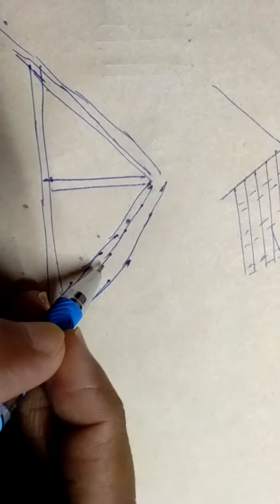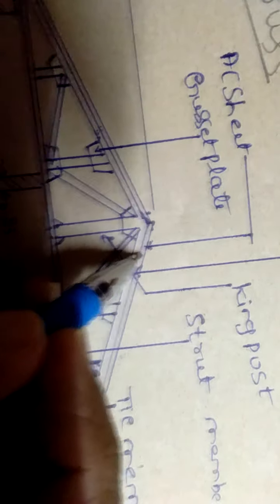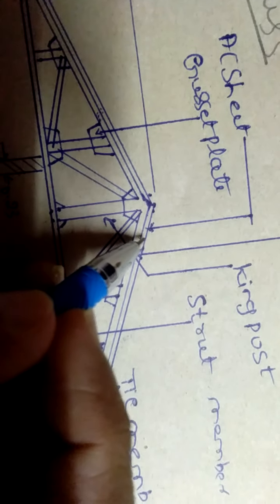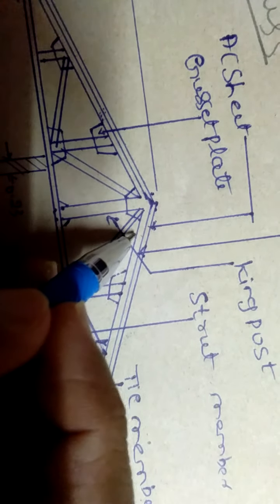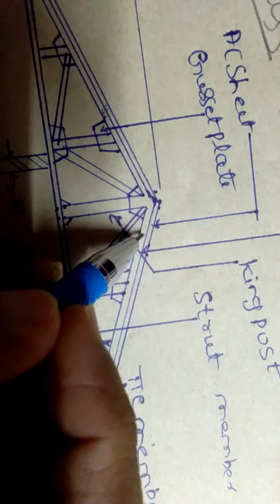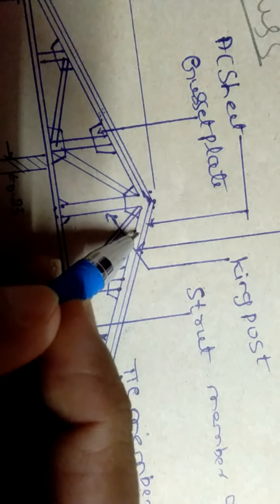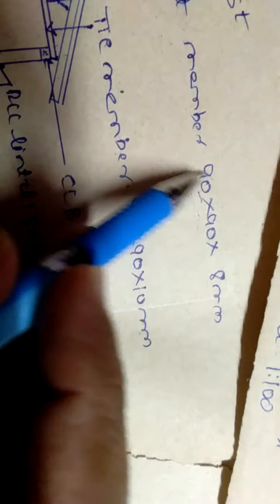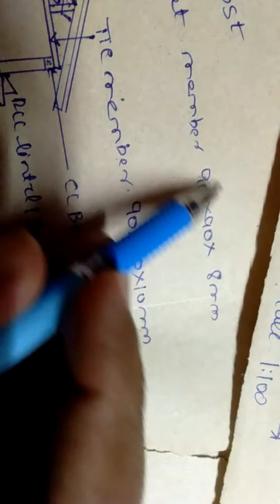The AC sheet thickness you can give 0.1 centimeter or 0.2 centimeter. Just below that there is the principal rafter, and that size is also 90 by 90 by 8 mm.